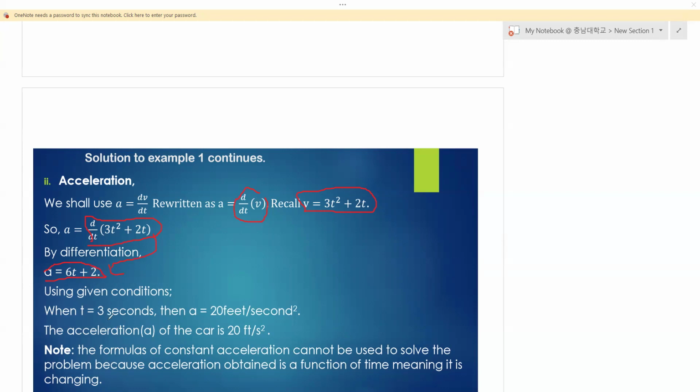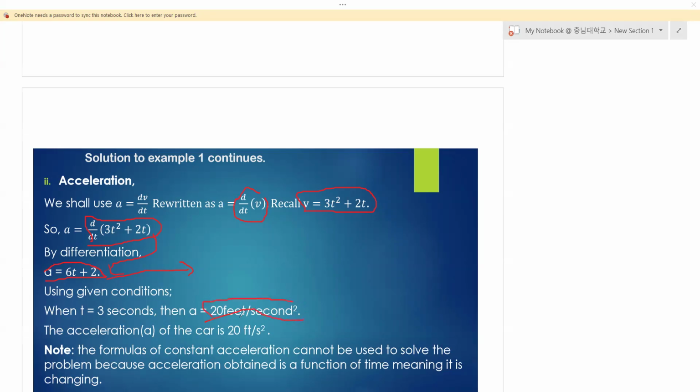Now they've given us a condition: when t is equal to 3 seconds, what is the acceleration? So we are going to just substitute the value of t in this equation of acceleration that we've got. And realize that when you substitute t is equal to 3, our acceleration will be given by 20 feet per second squared.